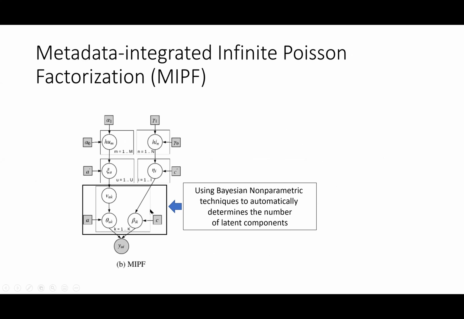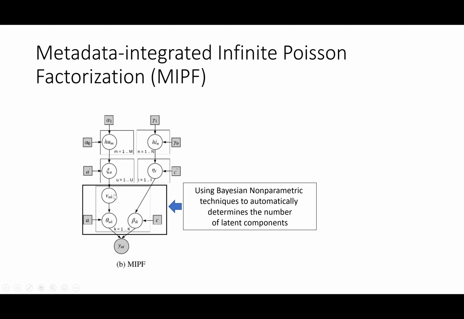And what we can do is another model that incorporates infinity into it. So with the user latent preference or item attractiveness, you've got k latent variables. We want to automatically determine the optimal k.